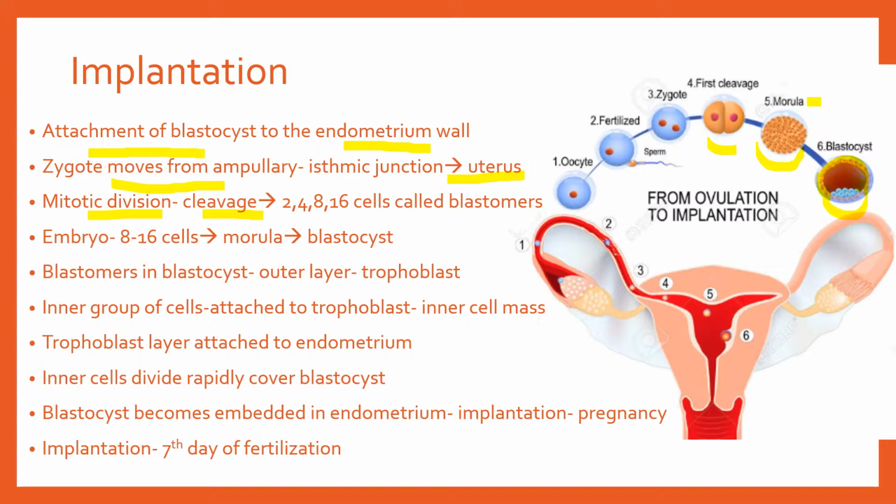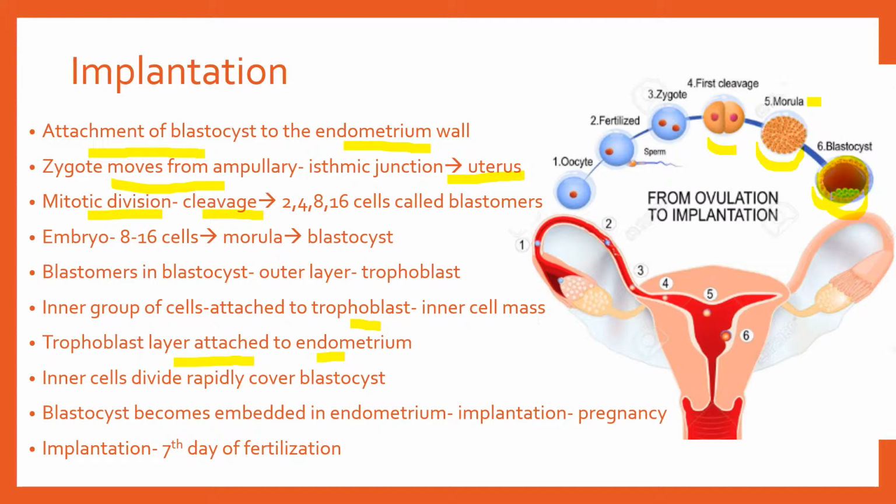This inner group of cells is called the inner cell mass. This inner group of cells is attached to the trophoblast. This trophoblast layer is attached to the inner lining of the uterus called the endometrium. Then these inner cells divide rapidly and cover the entire blastocyst.